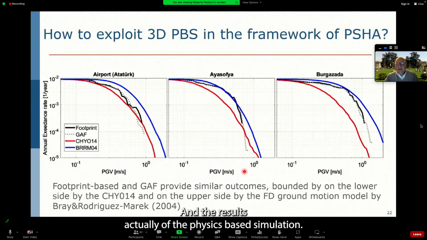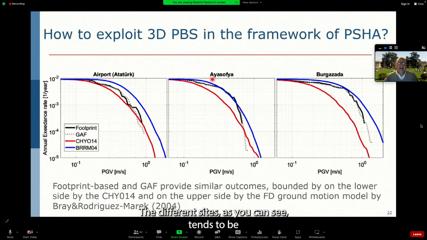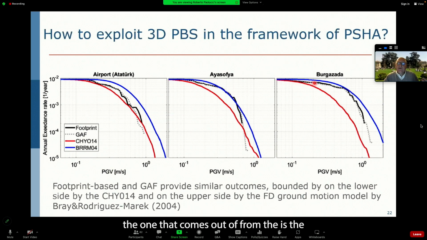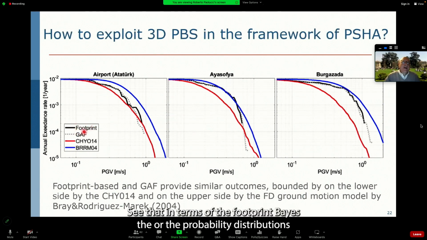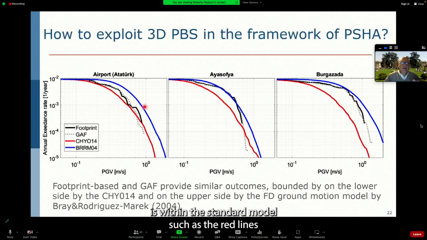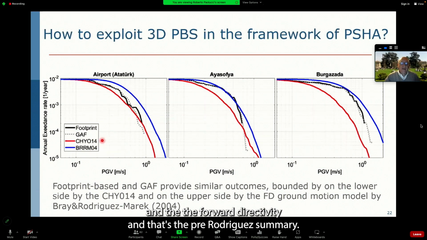The results of the physics-based simulation, this is the annual exceedance rate in terms of peak ground velocity at different sites, come out, either in terms of the footprint-based or the probability distributions, within the standard models, Chiou and Youngs, the red lines, and the forward directivity models, the Bray and Rodriguez-Marek.